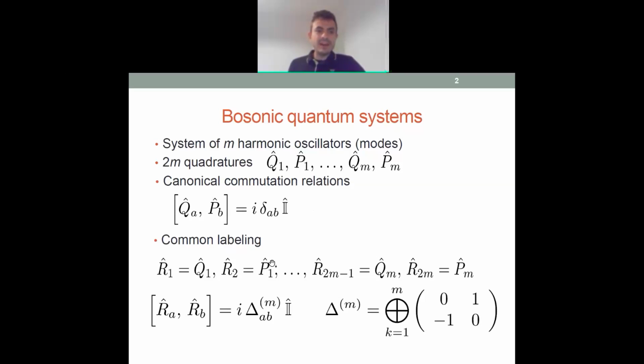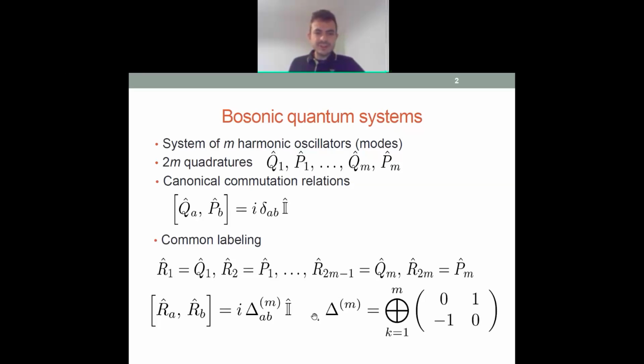We will call them collectively quadratures, and we put them together in this vector of 2M operators that we denote with R. So the odd components of R will be the Q operators, the positions, while the even components of R will be the momenta. And of course, the components of this vector R will still satisfy the canonical commutation relations, that are inherited from the commutation relations of Q and P.